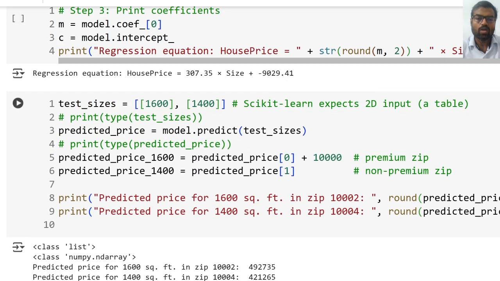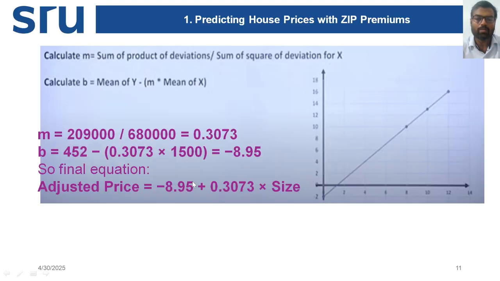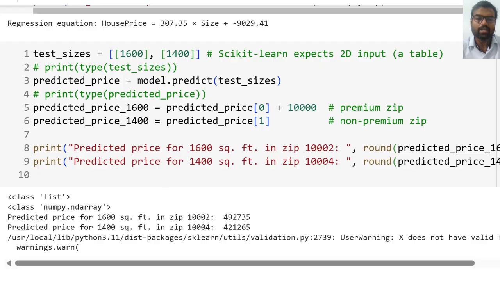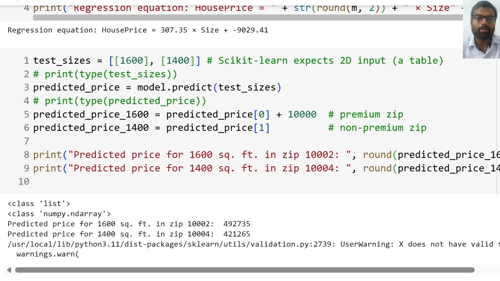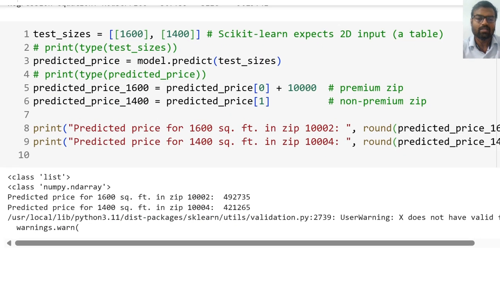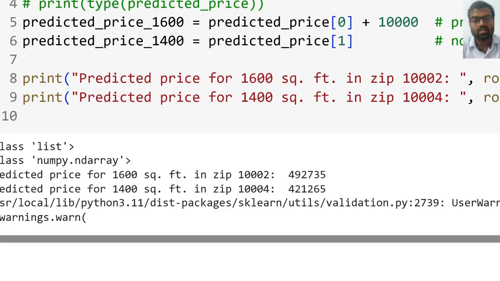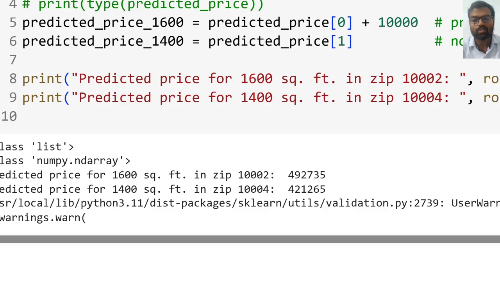Okay. So again, the main problem here, based on the given two problems, is the prediction. We are predicting for 1600 and 1500 square feet. We are sending the sizes, and we are getting 4,92,735 for 1600 square feet, and 4,21,265 for 1400 square feet.